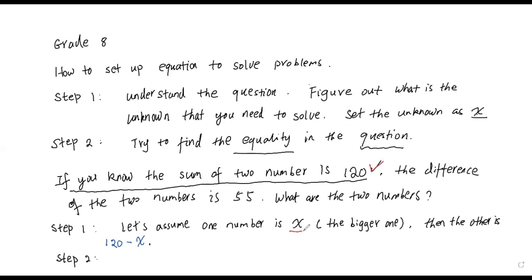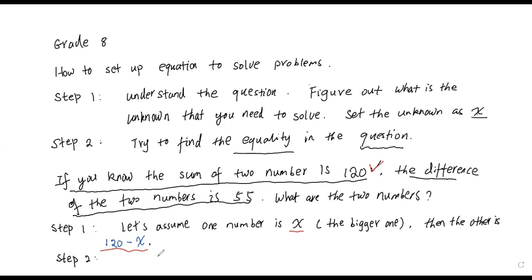And then the second condition given in the question is the difference of the two numbers is 55. Now I could use that as the equality, to set up an equation given x.